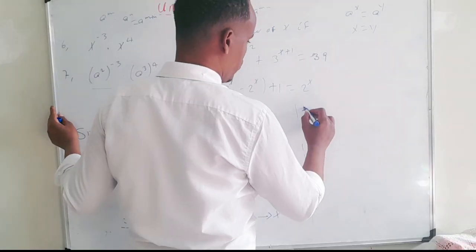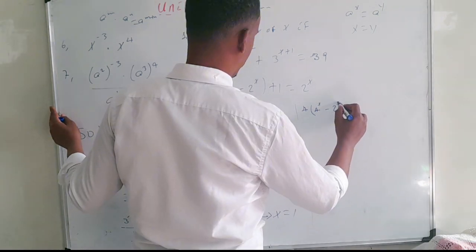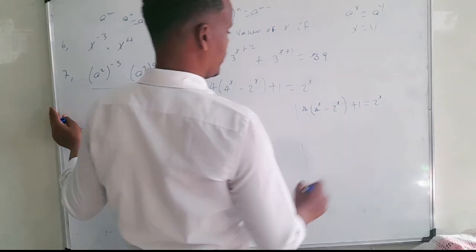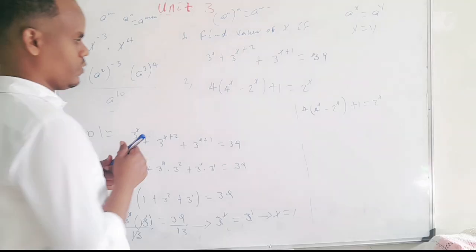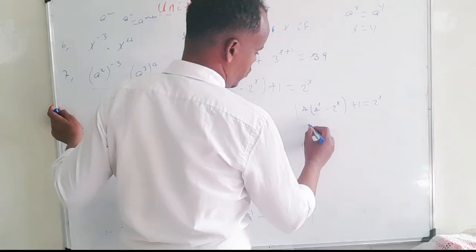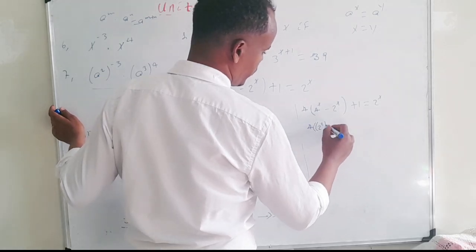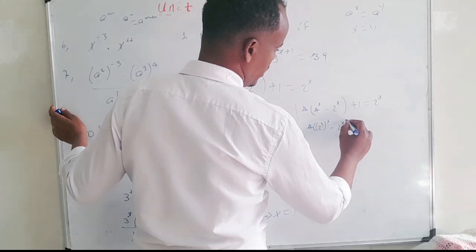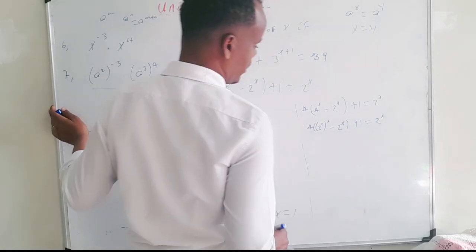That is 4 times 4 to the power of x minus 2 to the power of x plus 1 is equal to 2 to the power of x. How do we rewrite it? 4 is 2 to the power of 2, to the power of x, minus 2 to the power of x plus 1, is equal to 2 to the power of x.